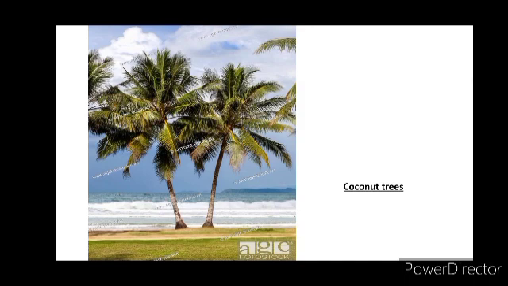Do coconut, mango, and banyan trees show an identical growth pattern? No. They have different growth patterns.